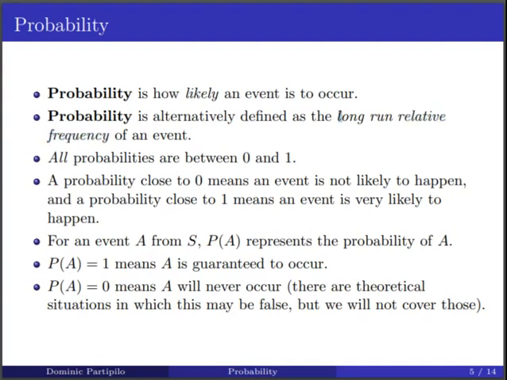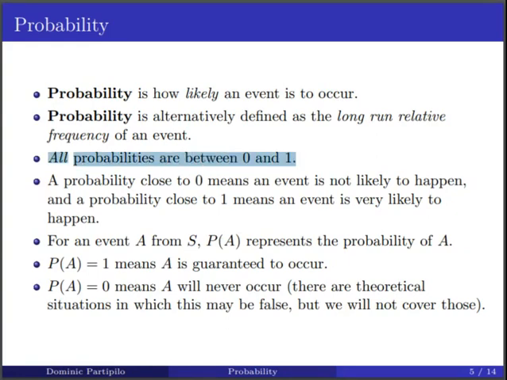What we mean by long run relative frequency is that theoretically, if we flip this coin infinitely many times, or a very, very large number of times, then eventually our long run relative frequency will be roughly 50%. And that's what we mean by probability. That's just an alternative way to think about it. If you want to think about it simply as how likely something is to occur, that's totally fine too.